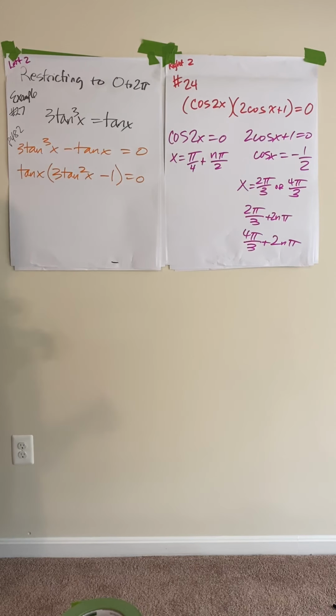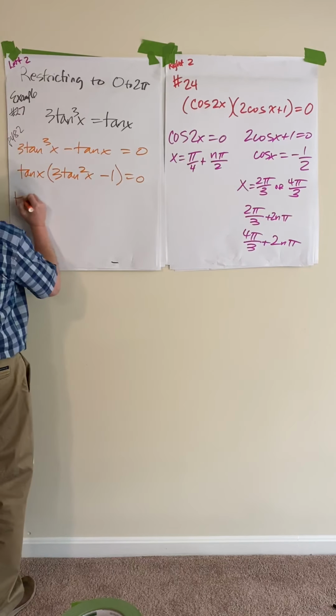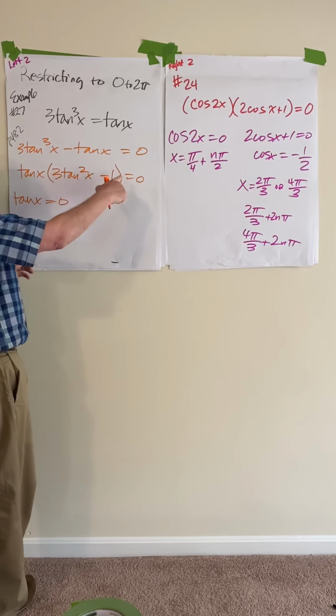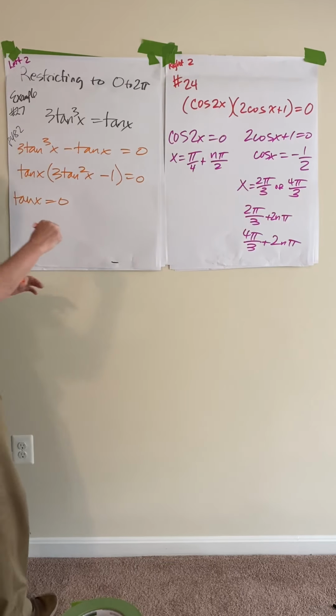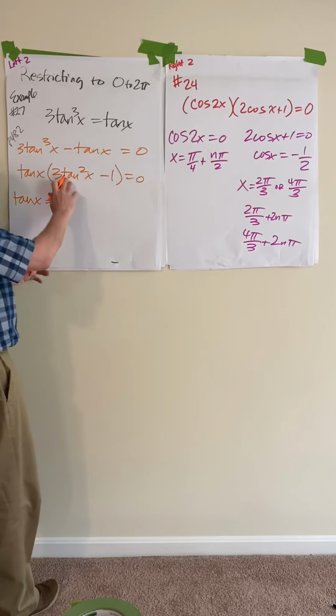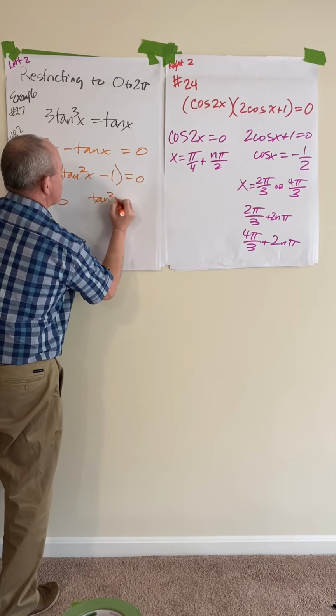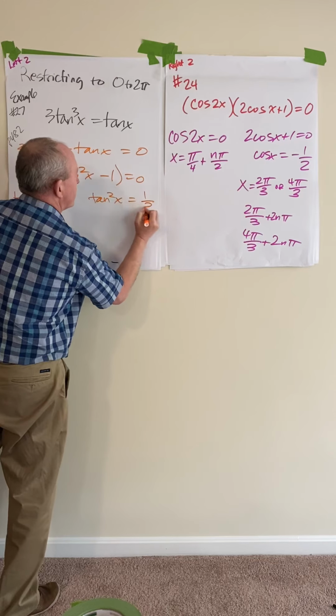Hey, wow, cool. Now I can use the zero product property and say tangent of x equals 0, or this expression equals 0. I'm going to do 2 things at once because I have to save room on my paper. If this equals 0, that means tangent squared of x equals 1/3.